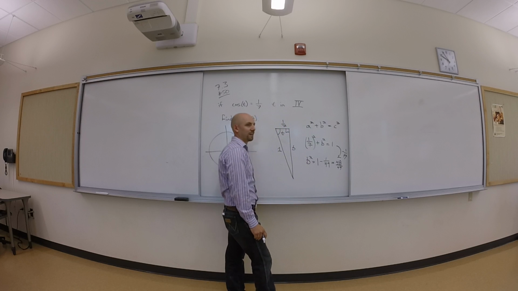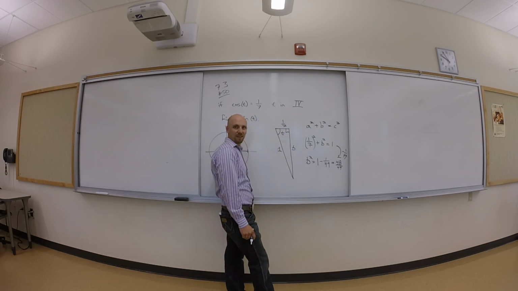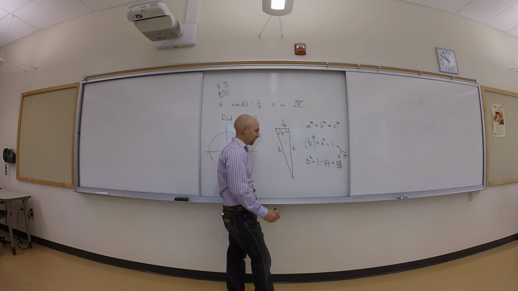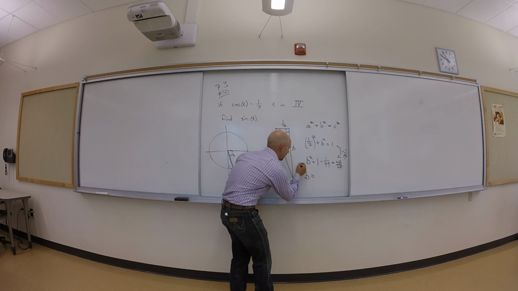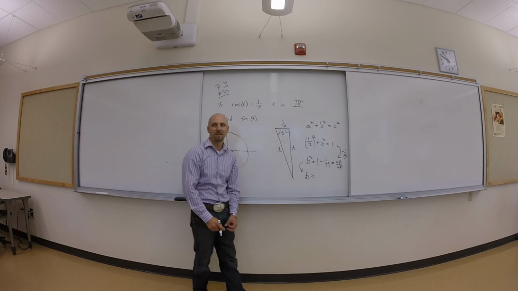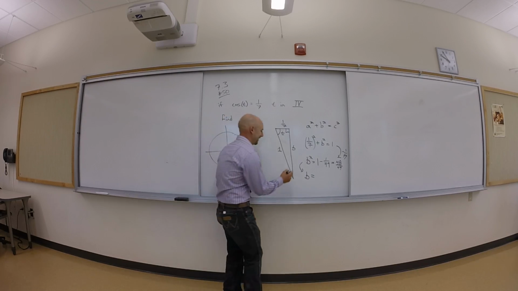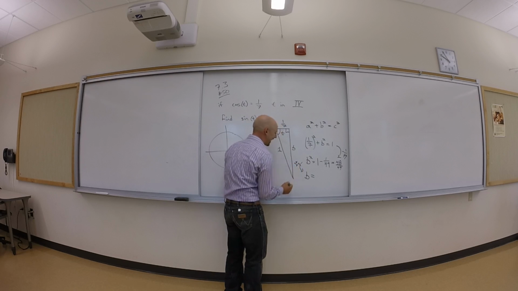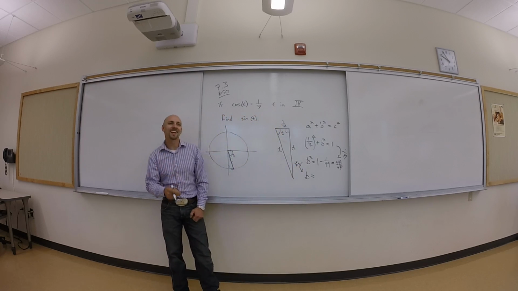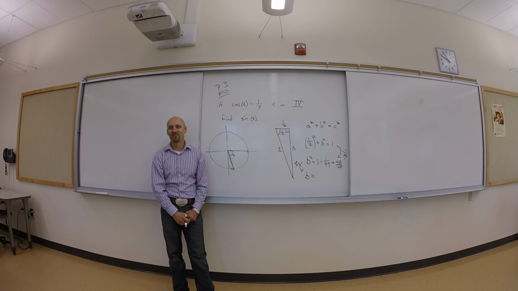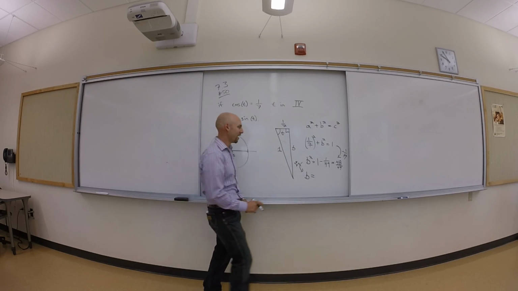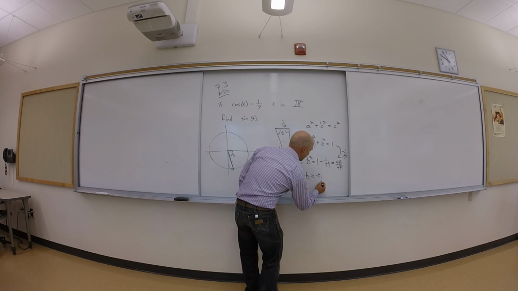And then what? What do you want to do to both sides? Square root, square root both sides. What should you not forget? Plus or minus. That's a good thing here, I need that minus on this one. So I need plus or minus the square root on both sides. So I get B is plus or minus the square root of 48/49.